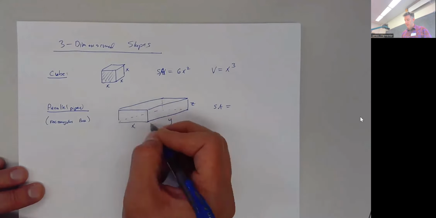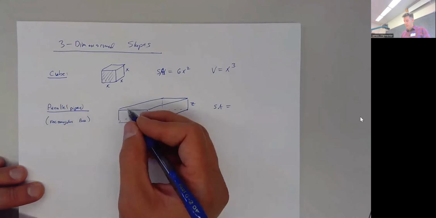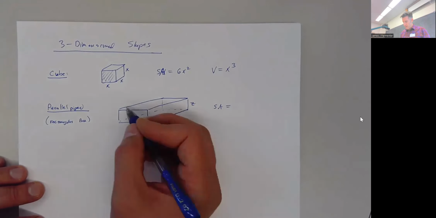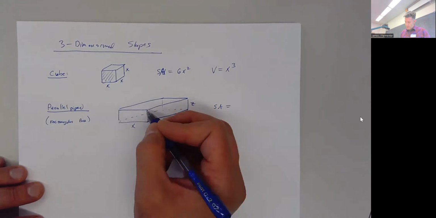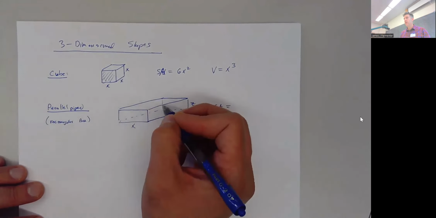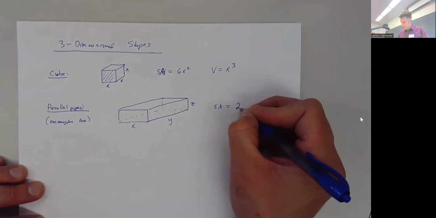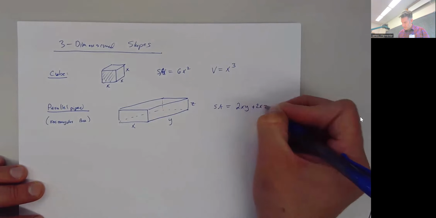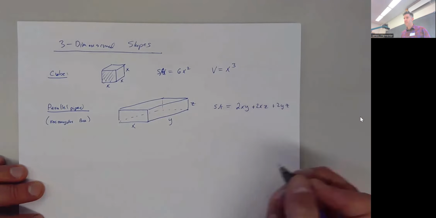This first side is a rectangle. Its area is x times z. The back side is also x times z. The bottom side is x times y. The top side is x times y. The right side is z times y. The left side is z times y. So we're getting 2 times x times y plus 2 times x times z plus 2 times y times z.